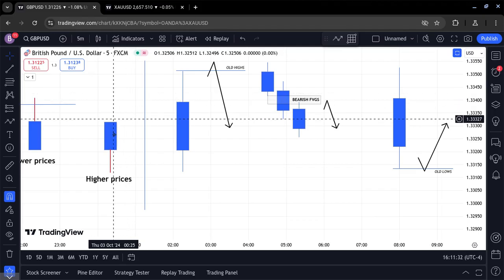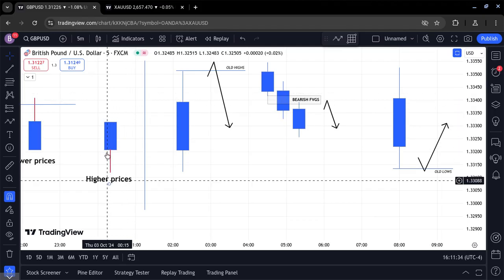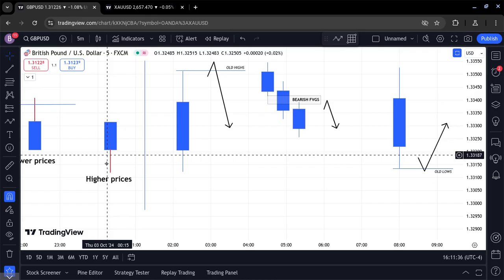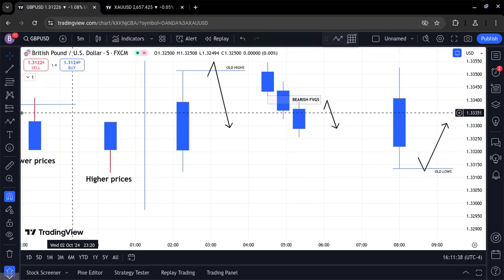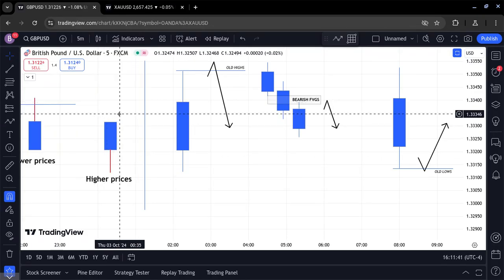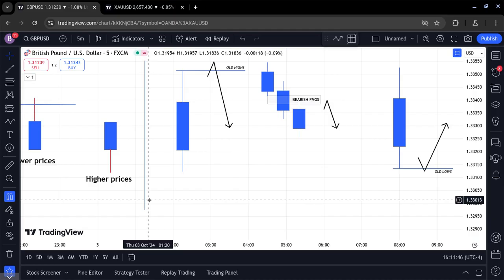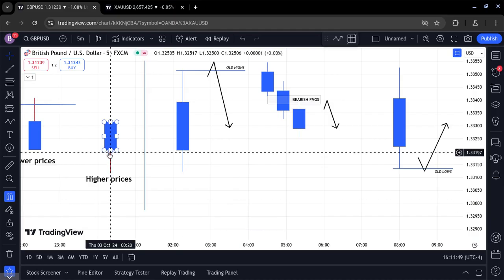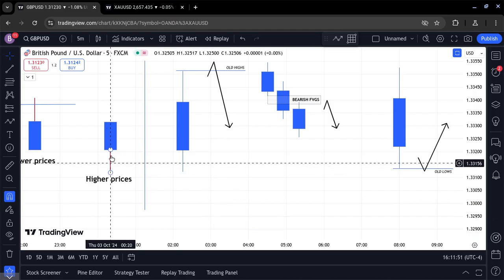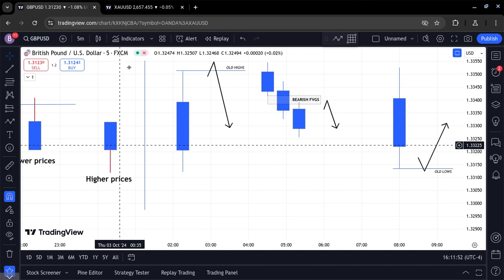All right, possibility is this kind of pattern might be forming at an extreme high right here. And then the prices might redeliver to lower levels. So you're saying, okay, this pattern failed, look, at the high this candle formed and then it did not go above.